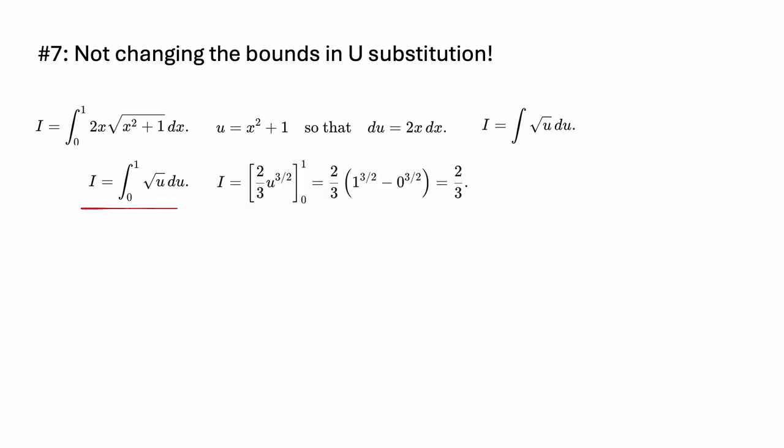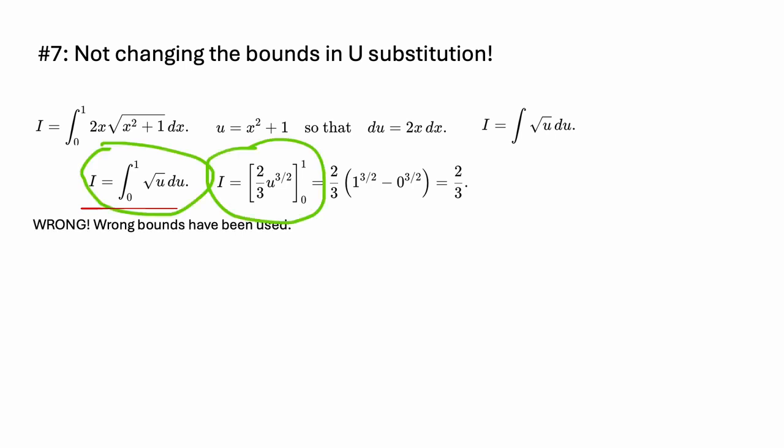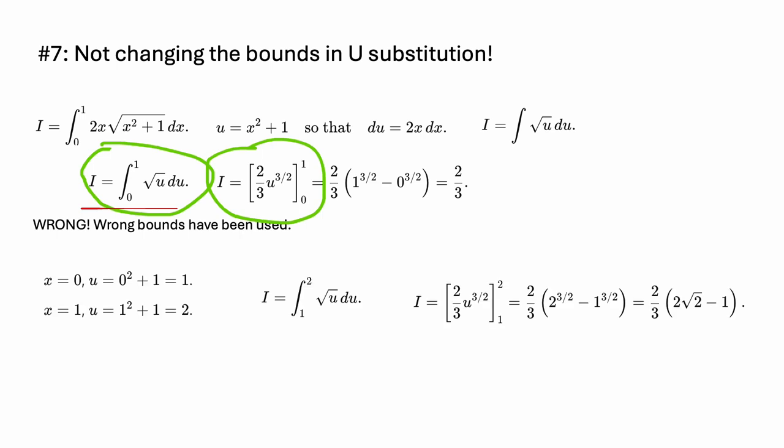Then you plug in the 0 and 1, find the antiderivative, and there you go, 2/3. This is wrong. The bounds are incorrect, because notice how when we change to u equals x squared plus 1, we need to do that to the bounds too. So the bounds are no longer 0 and 1. We have to change them like we see over here, and our bounds are actually 1 and 2. If we plug in the values like so, we get this answer over here instead of 2/3.